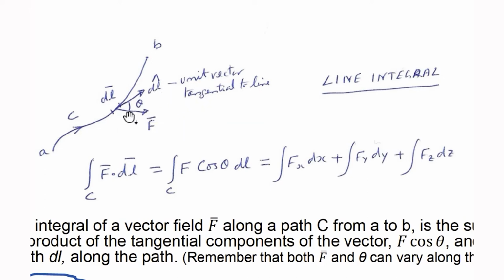Now this vector f and the unit vector dl form an angle theta. Now if you take the dot product of these two vectors, then we get the component of this vector along the line, f cos theta.